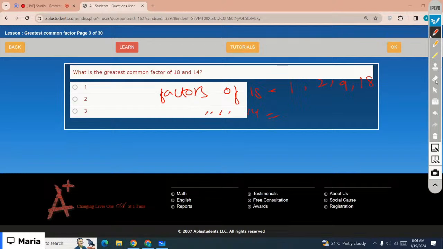So the factors are 1, 2, 3, 6, 9 and 18. In the same way you have to write down the factors of 14: 1, 2, and 2 times 7 is 14. So the greatest number that is common, yes, that is 2. 2 is the factor of 18 and 14.